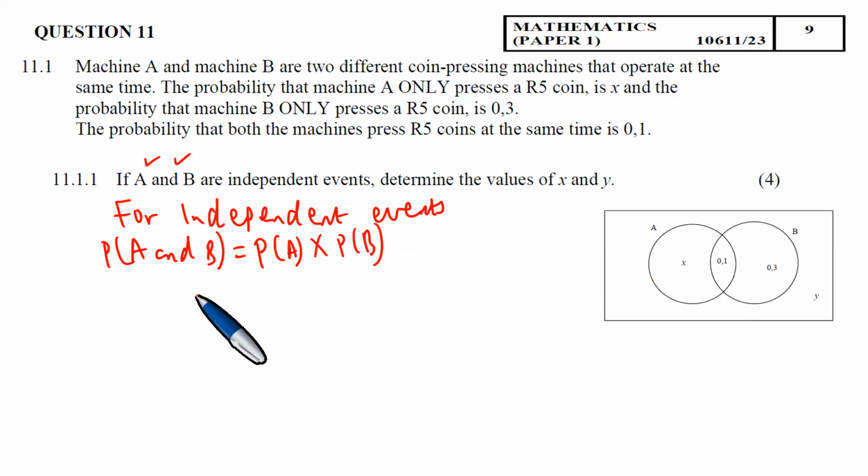What is the probability of A and B from the diagram? The probability of A and B is 0.1.